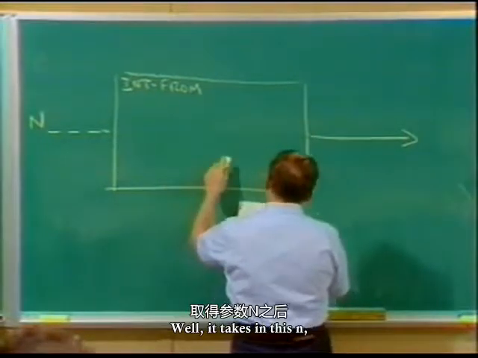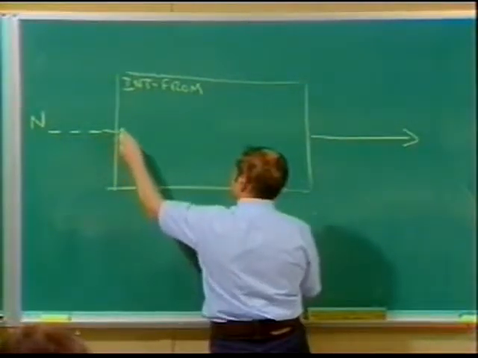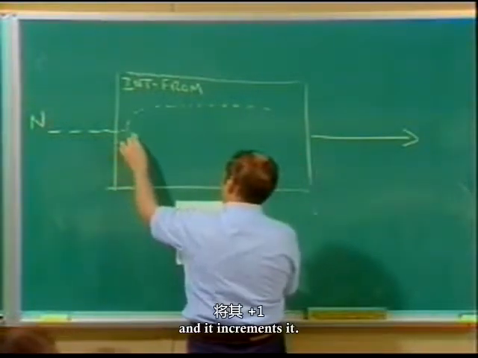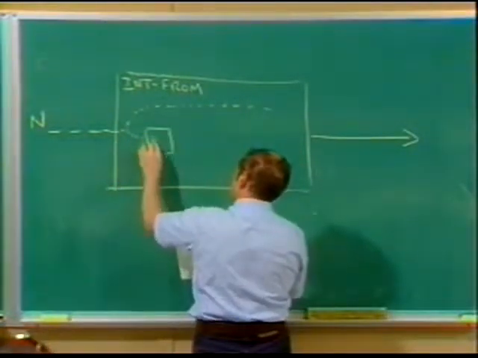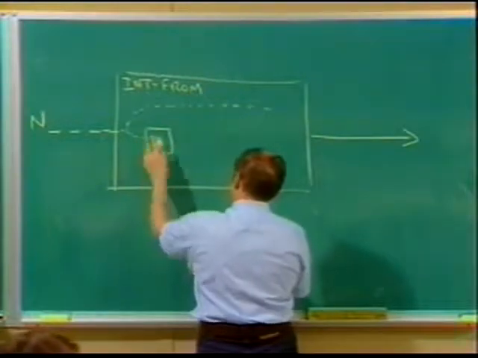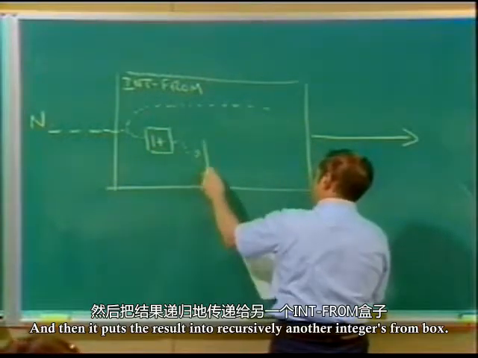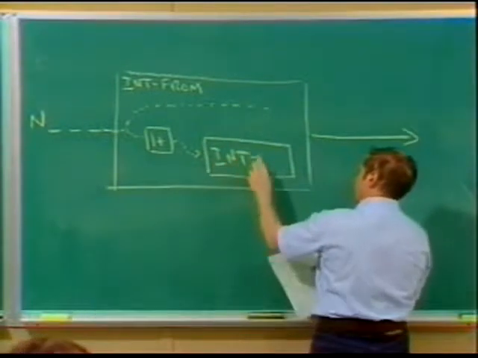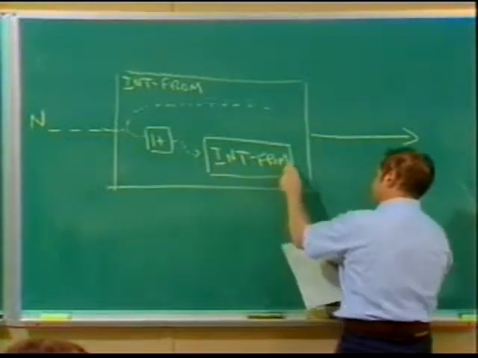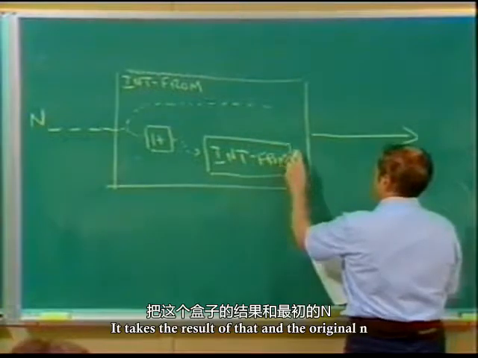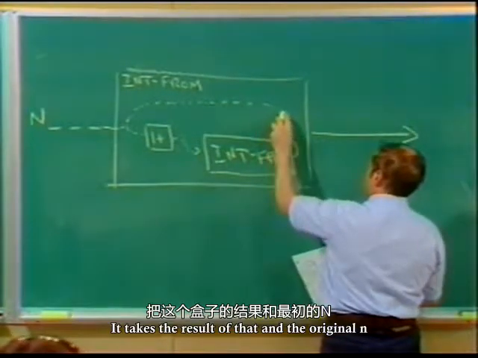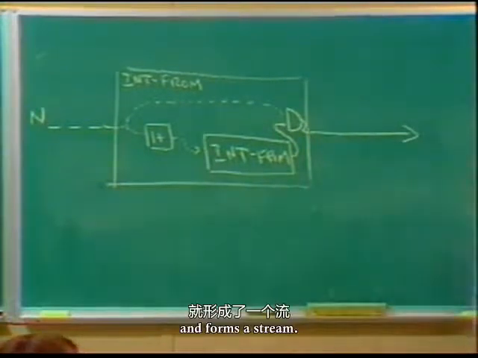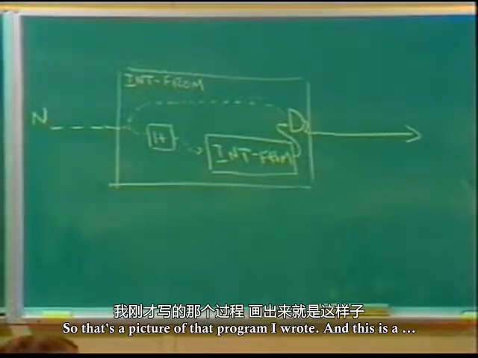Well, it takes in this n, and then it increments it, and then it puts the result into recursively another integers-from box, takes the result of that and the original n and puts those together with a cons and forms a stream. So that's a picture of that program I wrote.